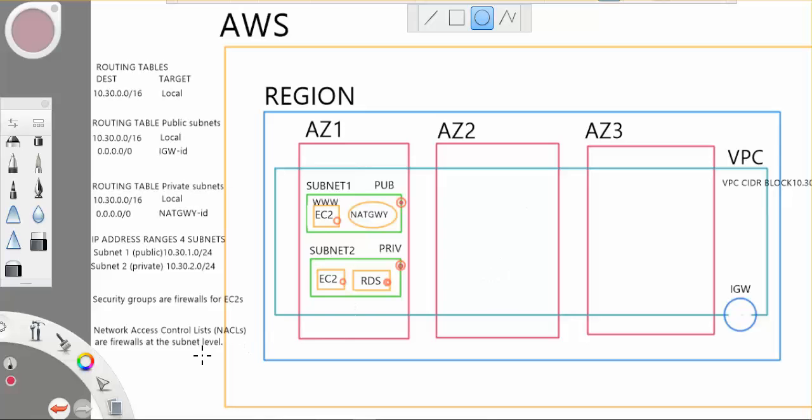So that's the idea regarding some of these topics. Again, in this particular case, the security group is going to protect our EC2 instances.